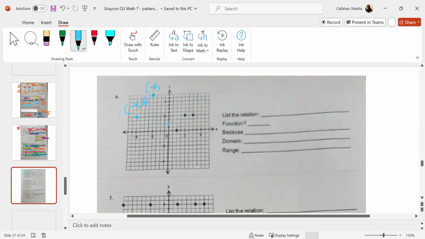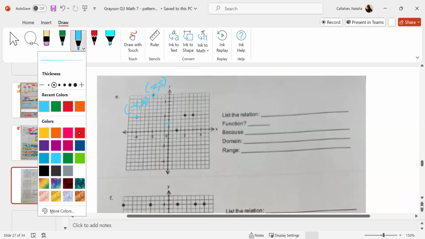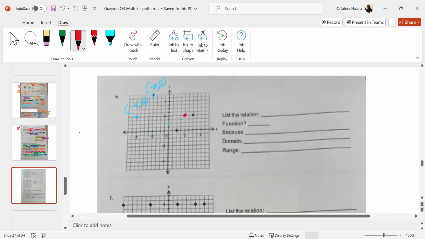Do you see that? So that will be negative 2 what? Negative 2, 5. Because remember, the y values are going to be in 1/2 increments, right? So 1/2, 1, 1.5, 2, 2.5, 3.